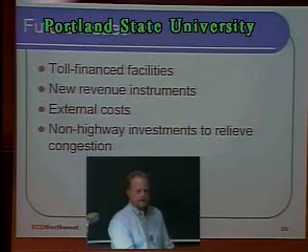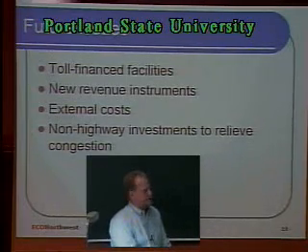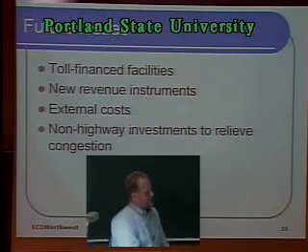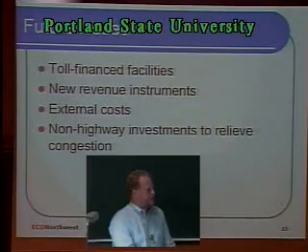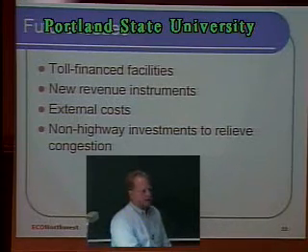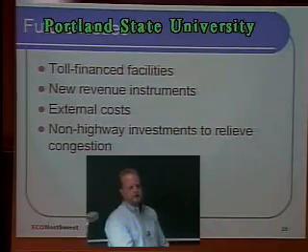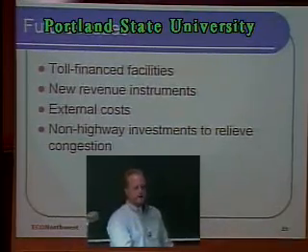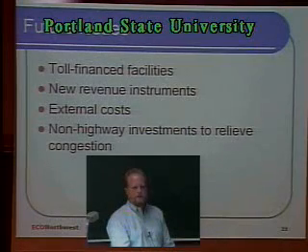External costs are always an issue, and people will be pressing those harder and harder for inclusion. And then there's the issue of non-highway investments to relieve congestion. If highway user fee money is spent on something other than highways in order to relieve congestion, the highway users presumably could benefit just as much as if capacity were added.